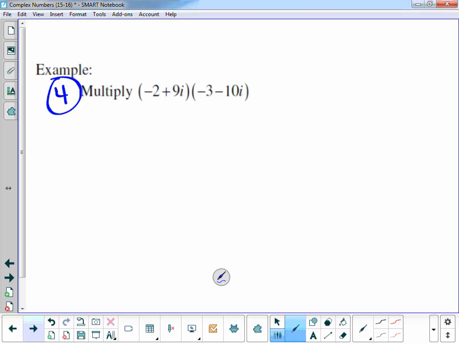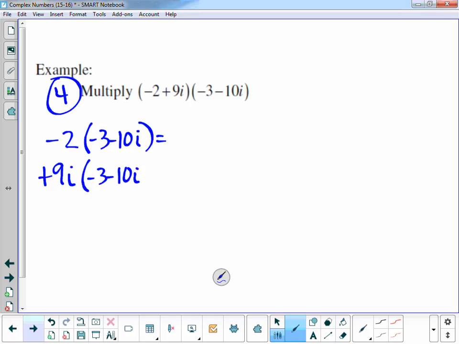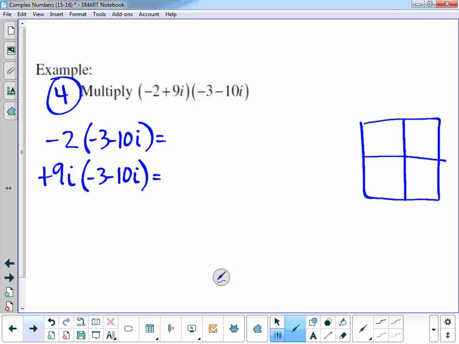So if we do FOIL, I'm actually going to do both ways. So negative 2 plus 9i. Okay, I'm going to write both. You guys use which one you prefer. It doesn't matter.